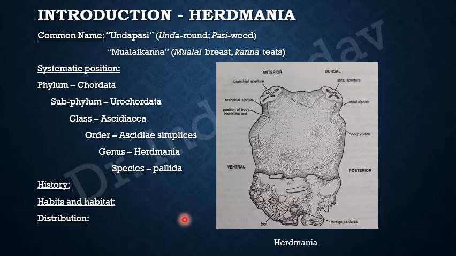The test of Herdmania is inhabited by several organisms. Green seaweeds commonly grow on the test and surround the animal completely. Hence you remember the name Undapasi. It may be due to this, because the animal looks like a weed, as the weed covers it completely.